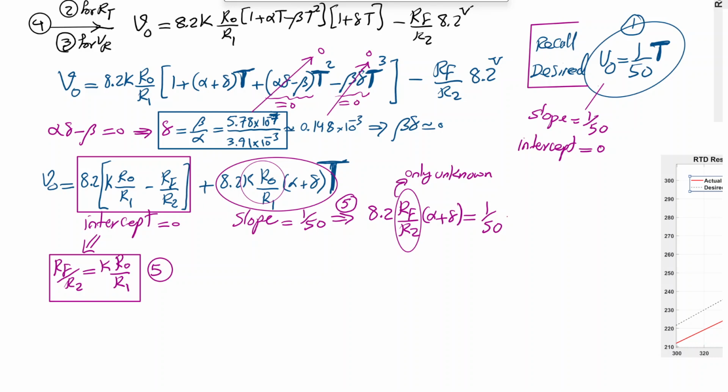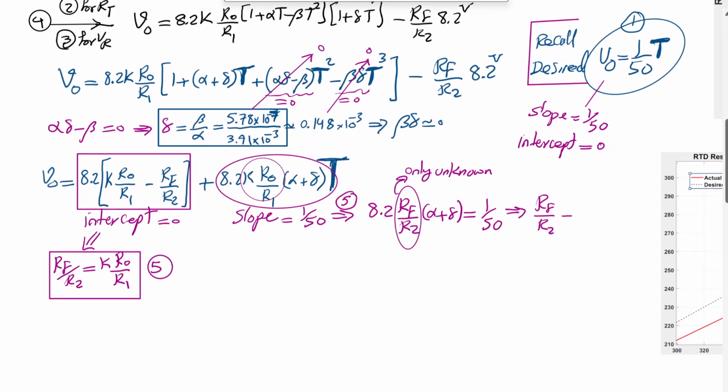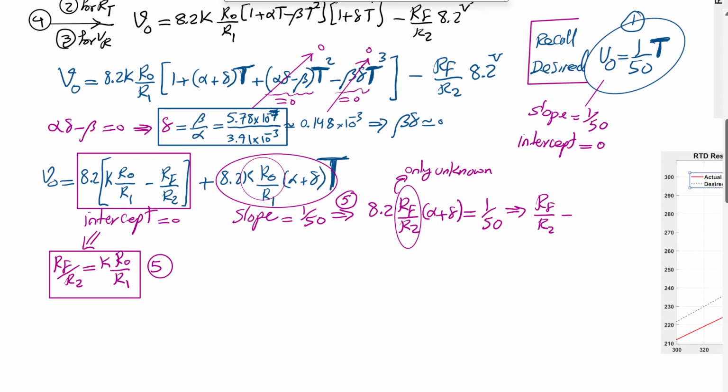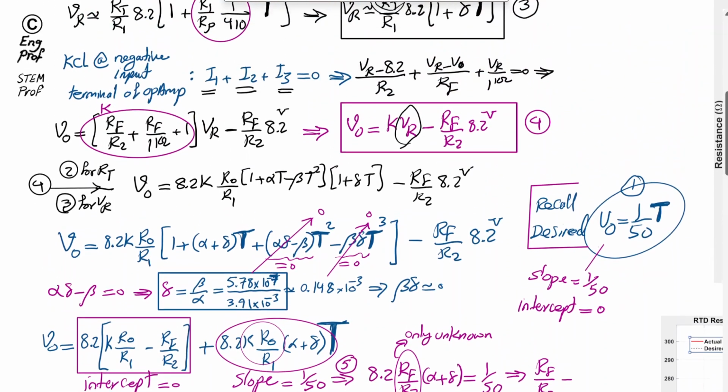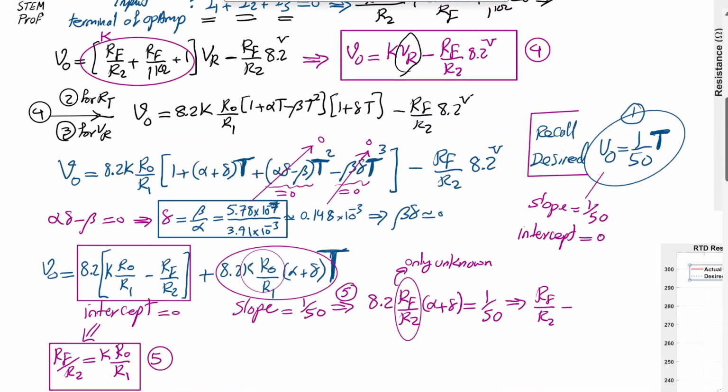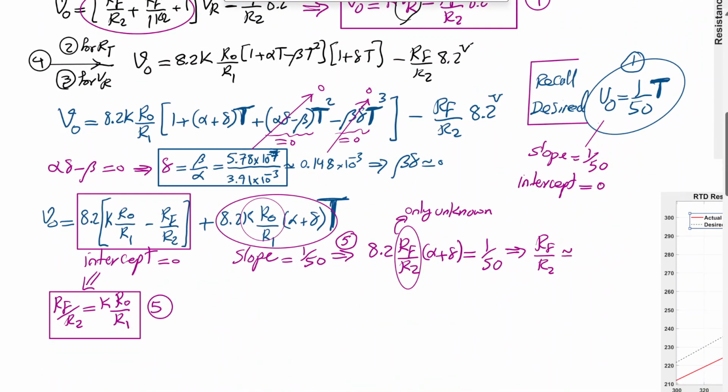Obviously, alpha and gamma are known, so therefore it gives us the view that RF over R2 has to be roughly, let me just make sure I'm not missing something. Okay, has to be roughly 0.6 with the values we have in mind.